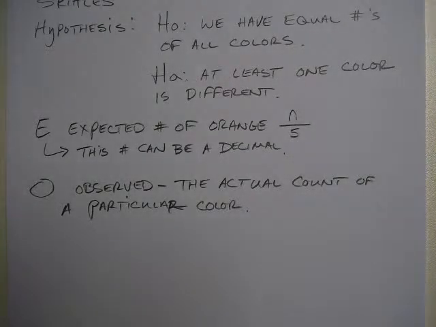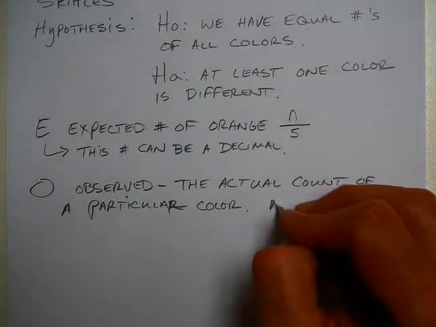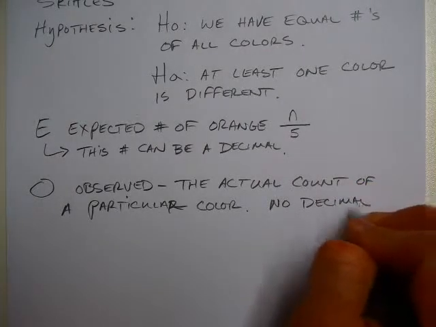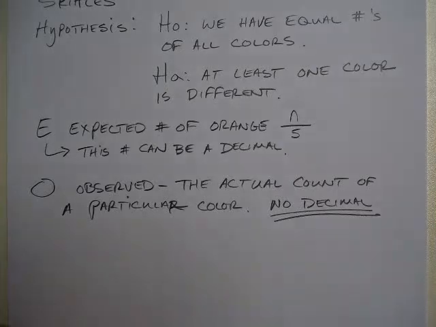Observed cannot be a decimal. So if you got half of a green, you either say you got nothing or you got one whole. There's no halves. So no decimals here. The calculator will tell you to go jump in the lake if you put a decimal in there.